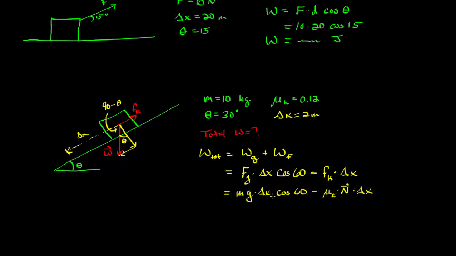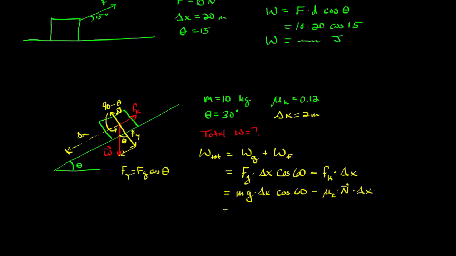I know this, but I need to know the normal force. Remember when we did inclined planes, the normal force comes up like this and it's offsetting this Fy. And Fy in this case would be Fg cosine theta.